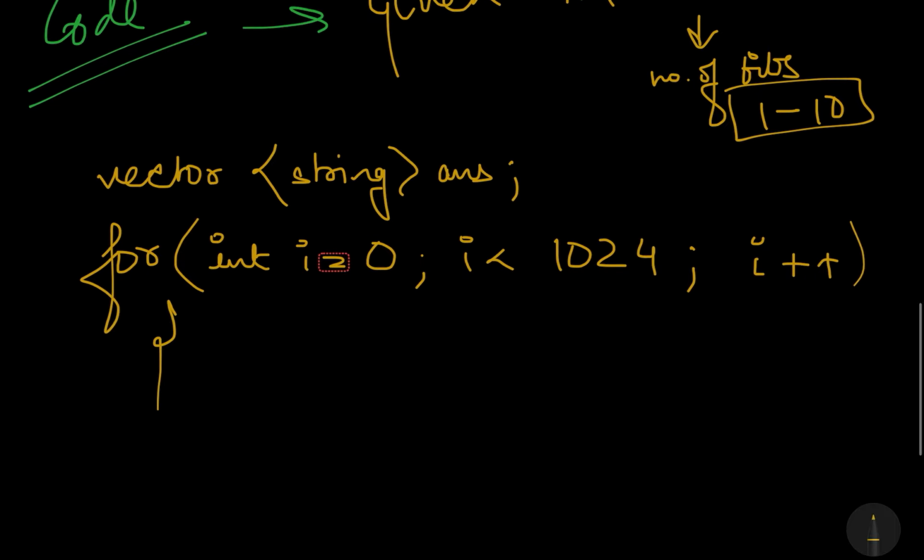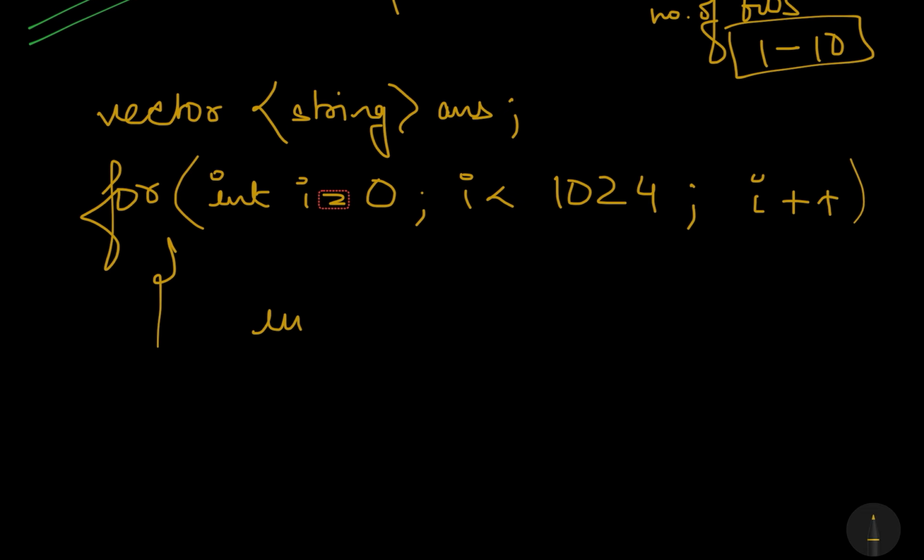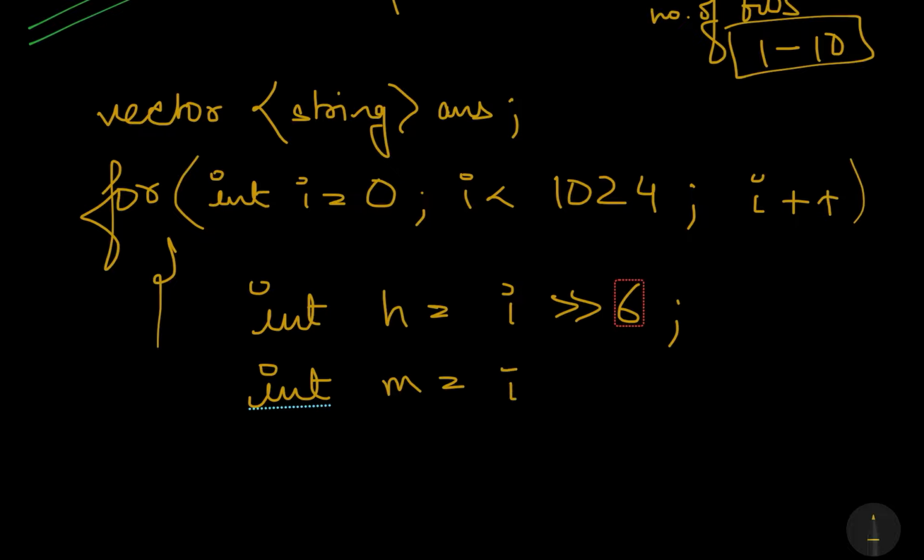We'll iterate through all of these, and our hour is in the first 4 bits. So the first 4 bits we can get as i shifted right by 6, and the last 6 bits we can get as i and 63.